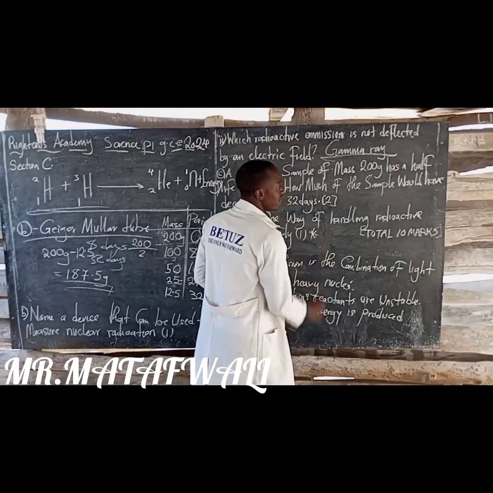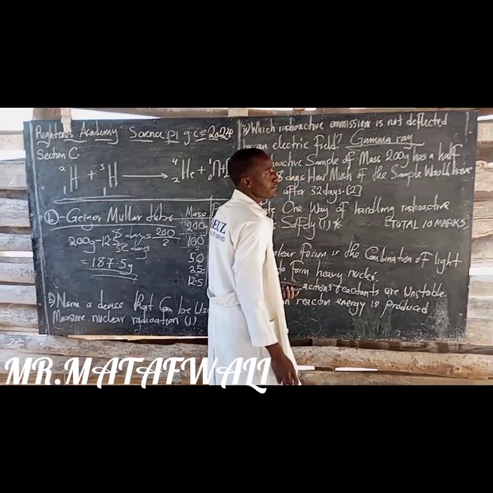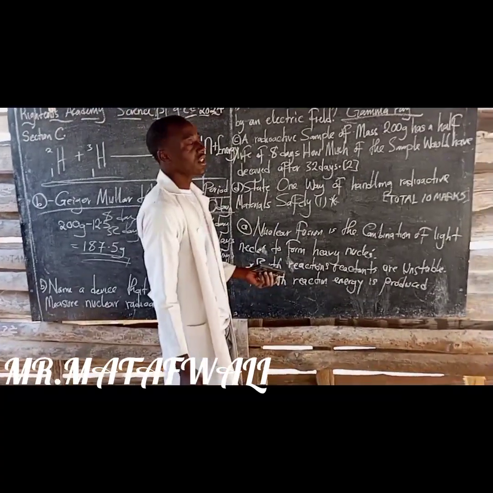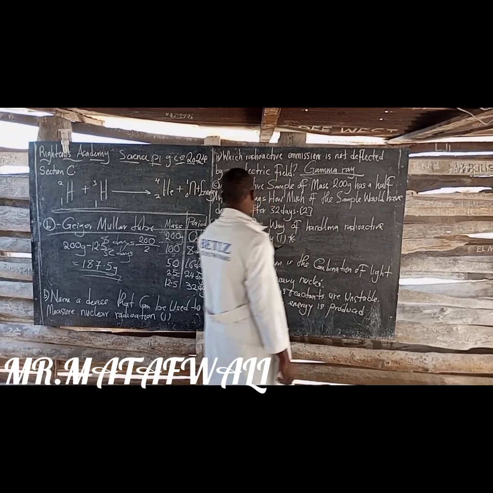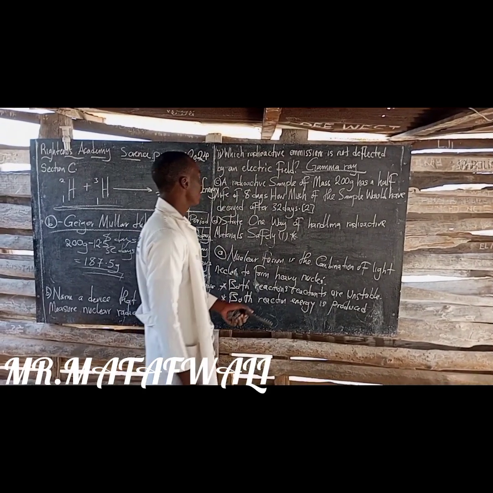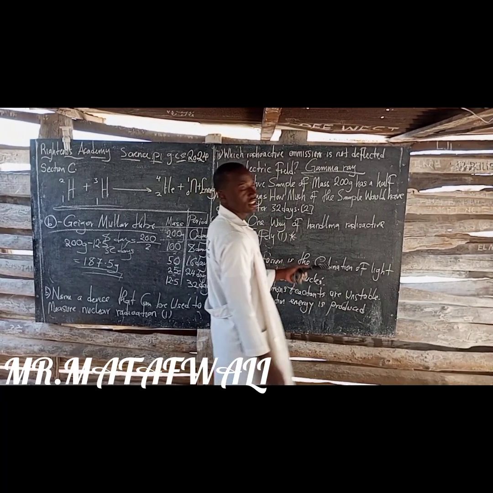So we can handle radioactive materials safely by storing them in lead boxes. The answer for question D is storing these radioactive materials in lead boxes.